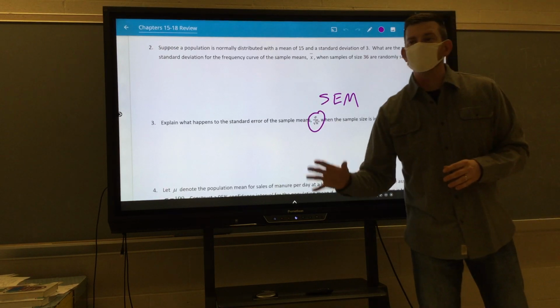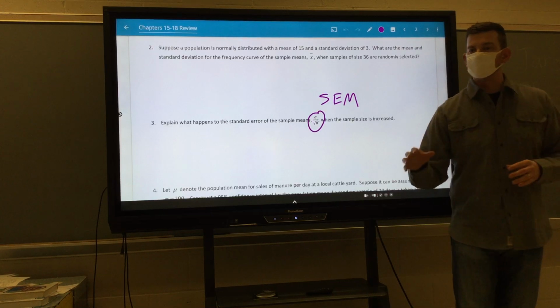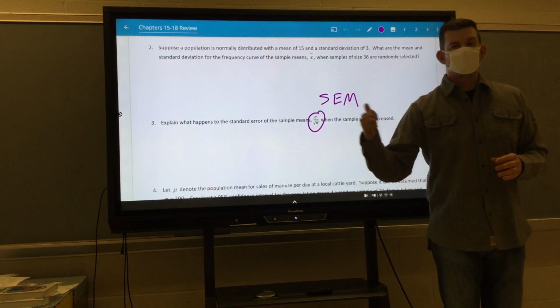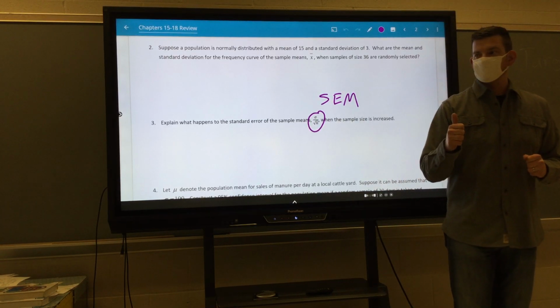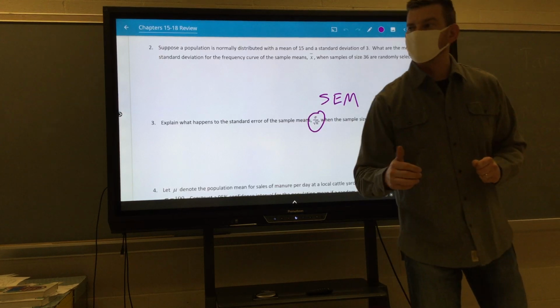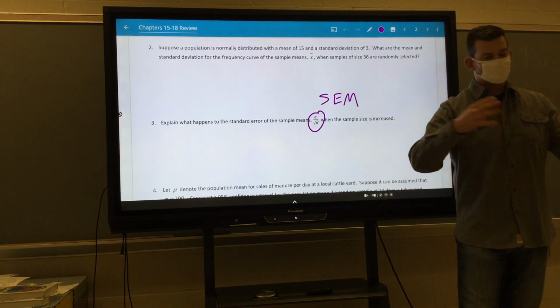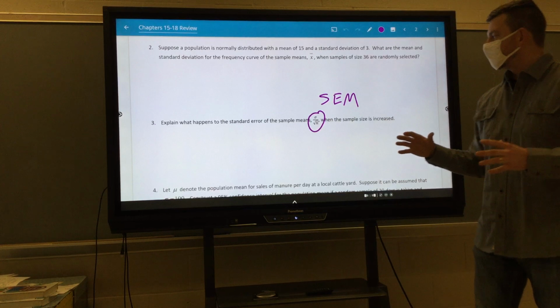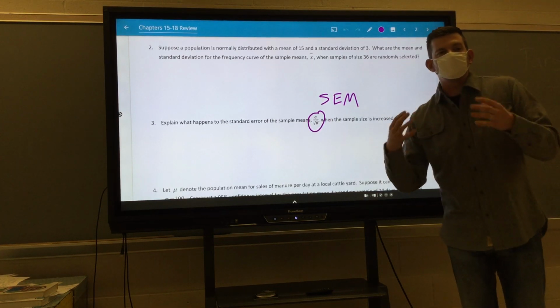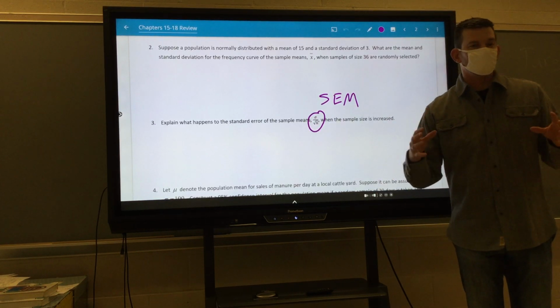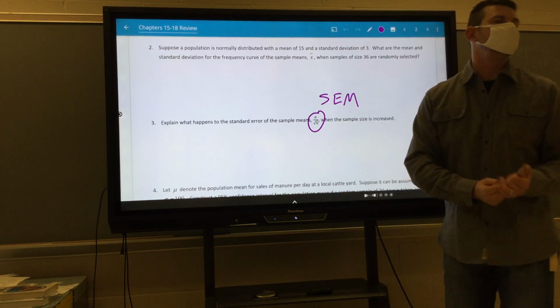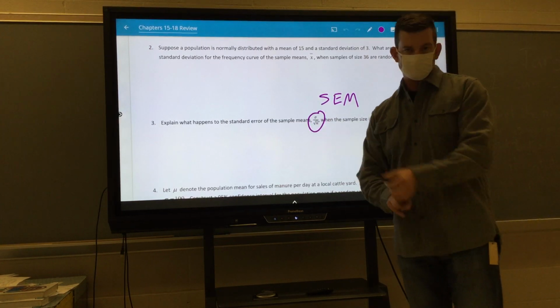Doesn't matter if that population distribution is normal or not. What the central limit theorem says is if we have a sample size that's large enough, typically greater than 30, the distribution of those samples will be normal, which allows us to use these normal calculations, z-tests.